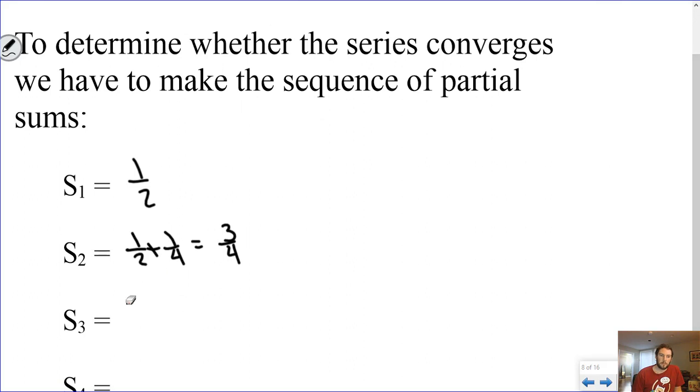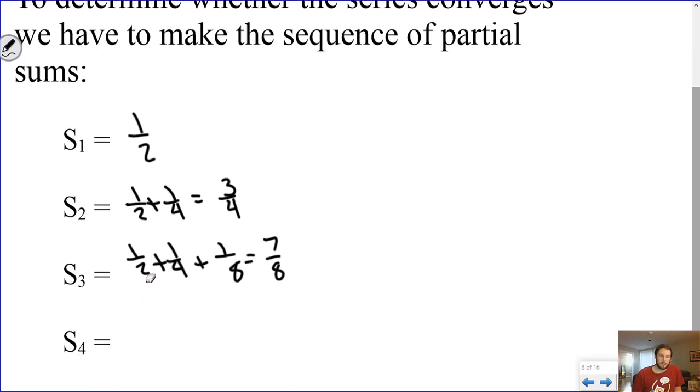Right? S3 is 1/2 plus 1/4 plus 1/8, and we get 7/8. S4, we do the same thing, so we say 1/2 plus 1/4 plus 1/8 plus 1/16, and we get 15/16.